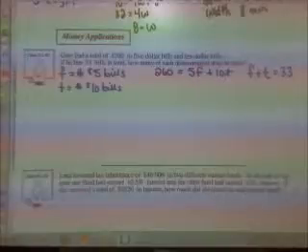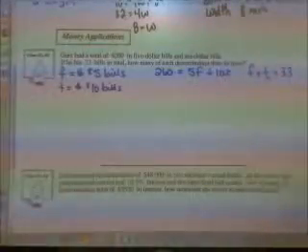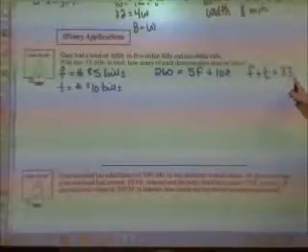Now this time, I could do the substitution. I could rearrange this and get F by itself or get T by itself, but we're going to try elimination. So if I wanted to eliminate my $5 bills, my Fs, what would I need to multiply this equation by?